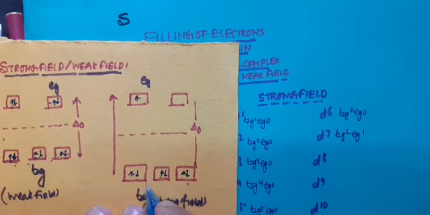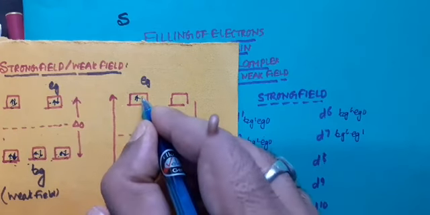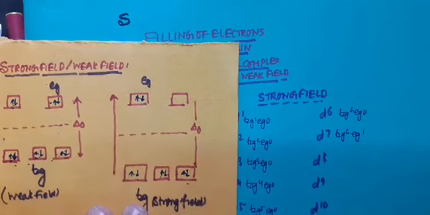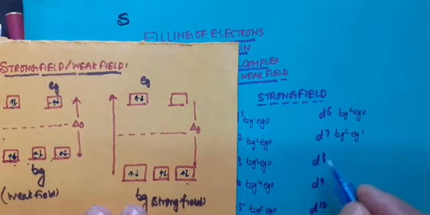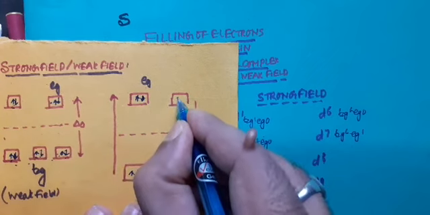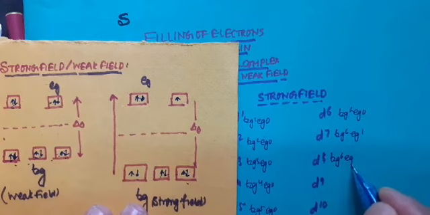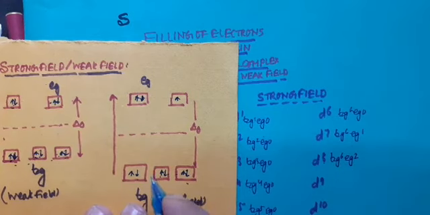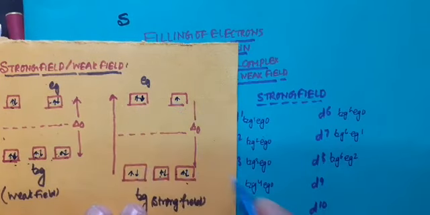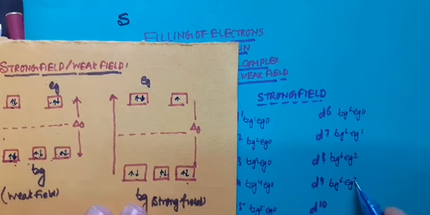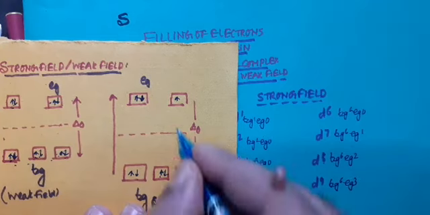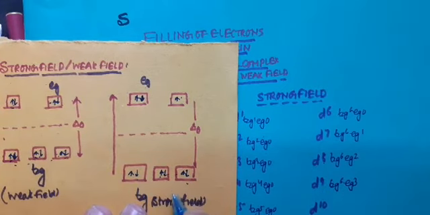For D8, 6, 7, 8, or you can write it like this, T2G6 EG2. For D9, 6, 8 and 9, so it will be T2G6 EG3. For D10, in the T2G set there are 6 electrons and in the EG set 4, so it will be T2G6 EG4.